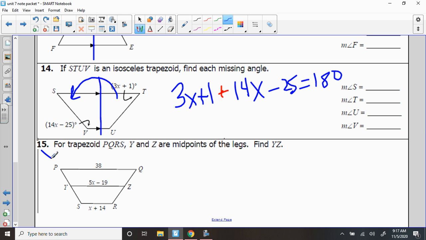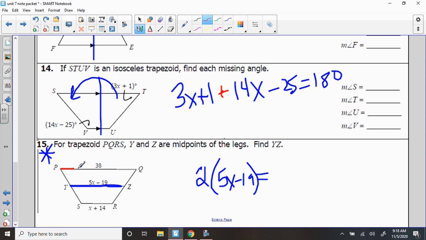So anytime you have a problem like this, the middle one, you'll set on one side of the equation, and you're going to double it. Whatever's there, whether it be 5x minus 19 or it be 8, you double the one in the middle.